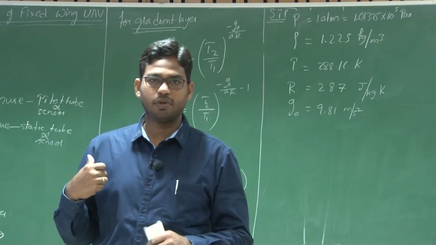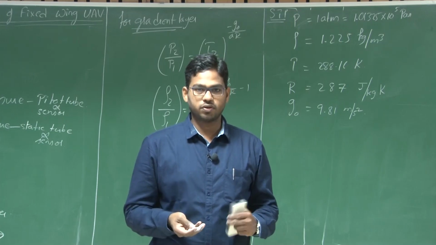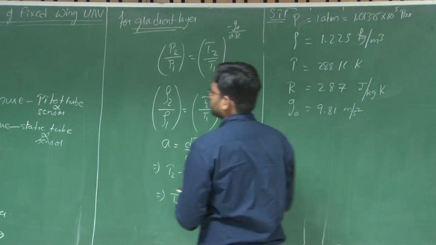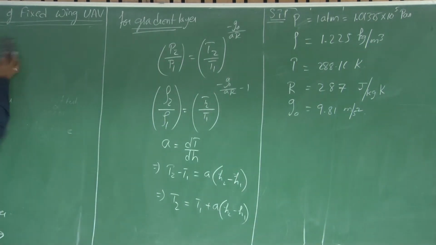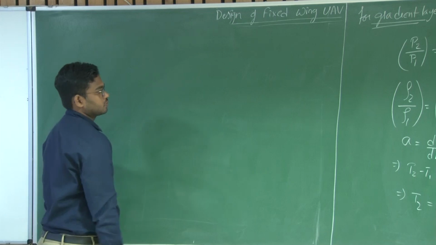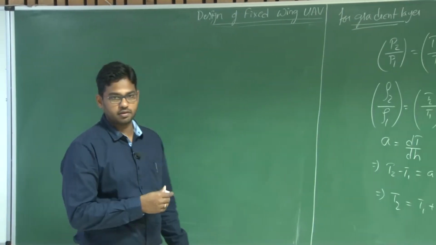In our previous examples we considered the altitude as given, but how do you know who is going to give that? Let us take some examples to address this.